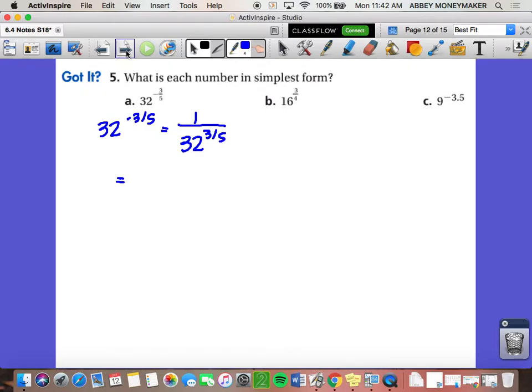So again, I want to write that as the 5th root of 32, and then that gets raised to the 3rd power. So that would give me 1/2 to the 3rd power, which gives me 1 over 8.